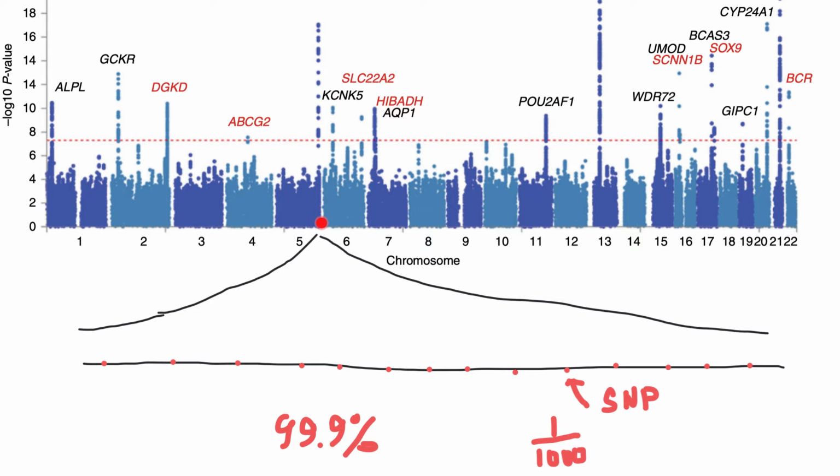In a Manhattan plot, we just ignore all the space between SNPs. We just perceive it as a number of dots which go together.